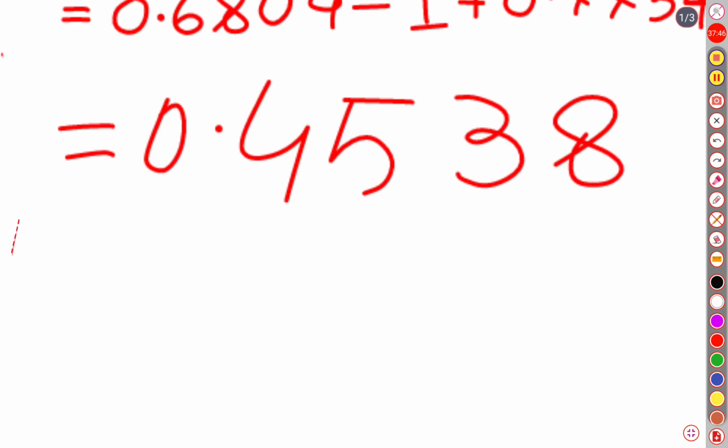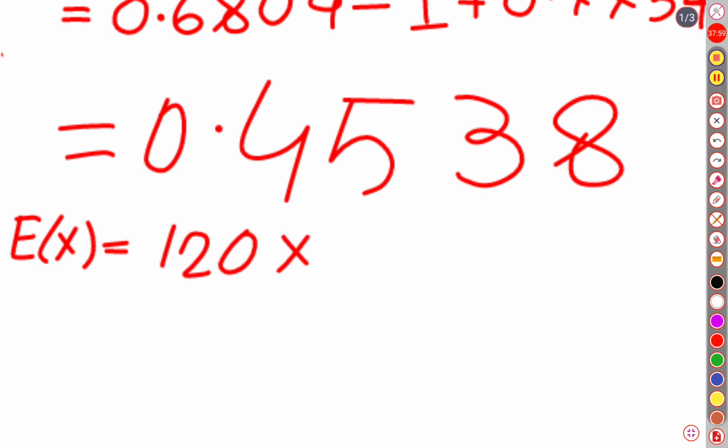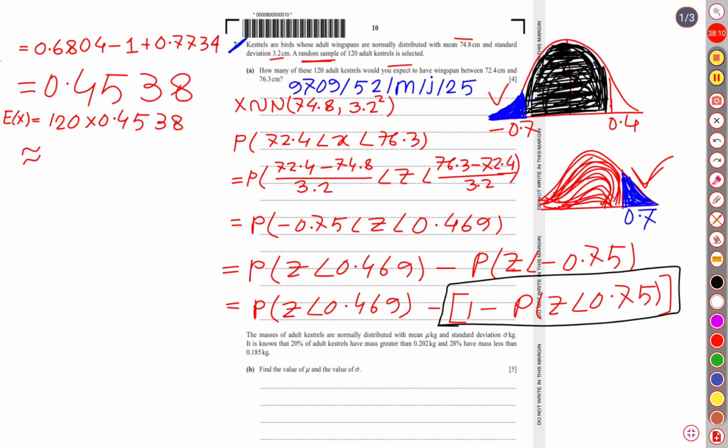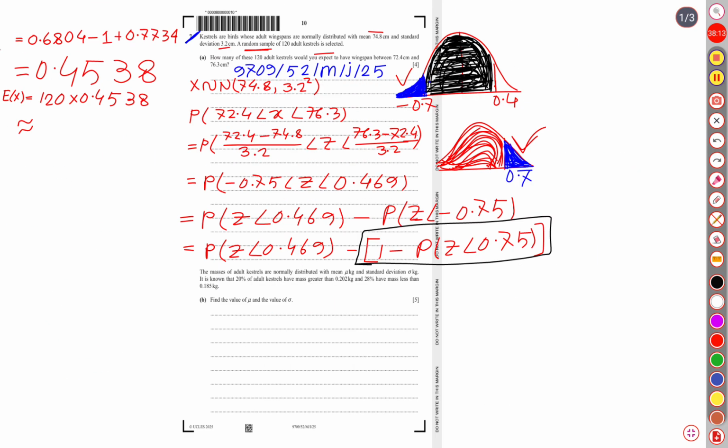Our expected value is E(X) equal to total number of birds, which is 120, multiplied by each individual probability, which is 0.4538. And finally, if you multiply this, you will find 54 point some.